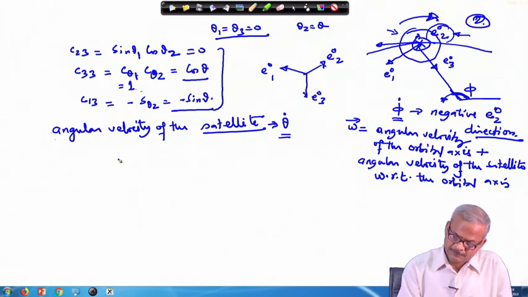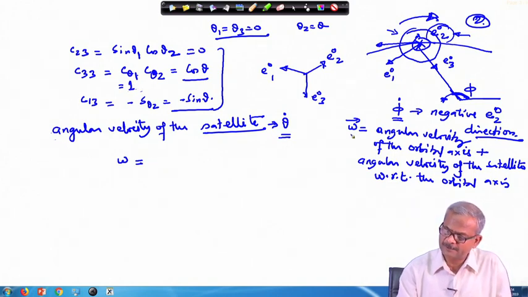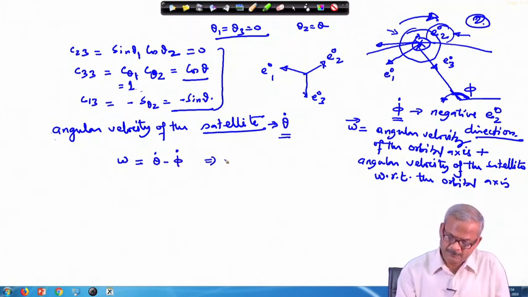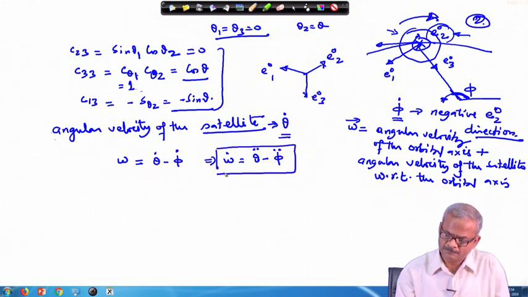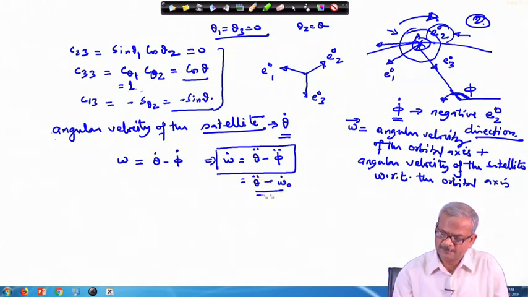So omega, only in one direction, can be written as theta dot minus phi dot. And therefore omega dot can be written as theta double dot minus phi double dot, which on the earlier page we have written as omega 0 dot.